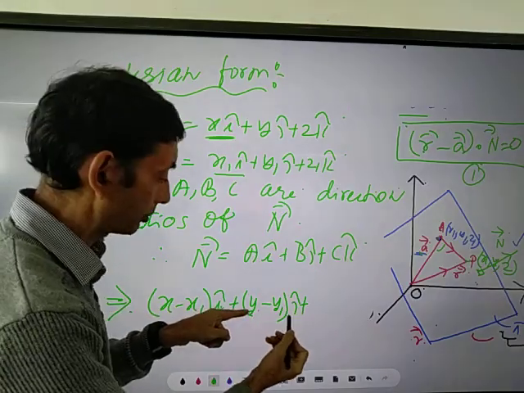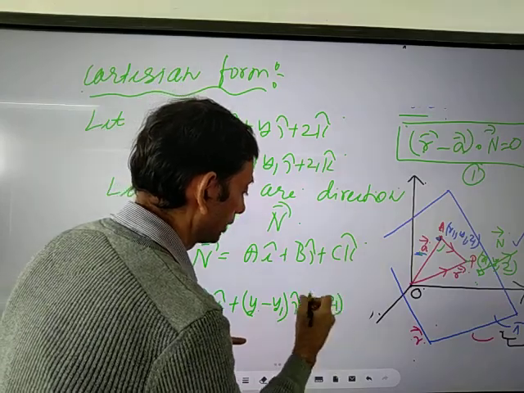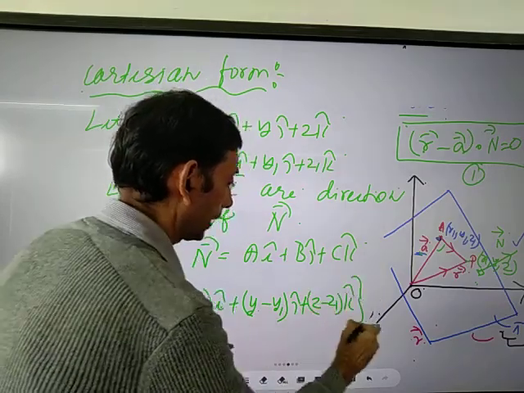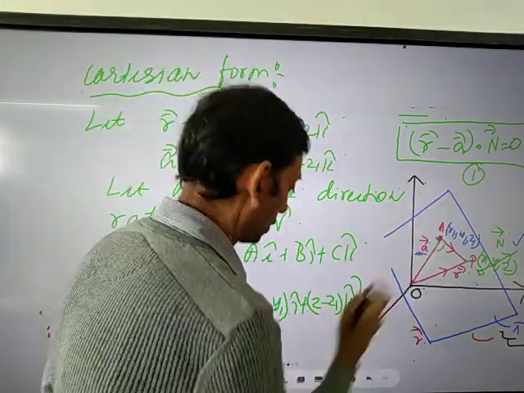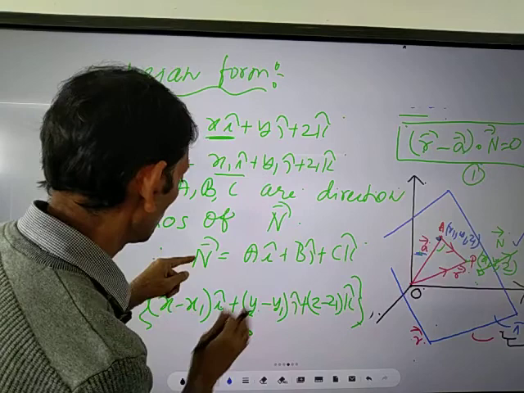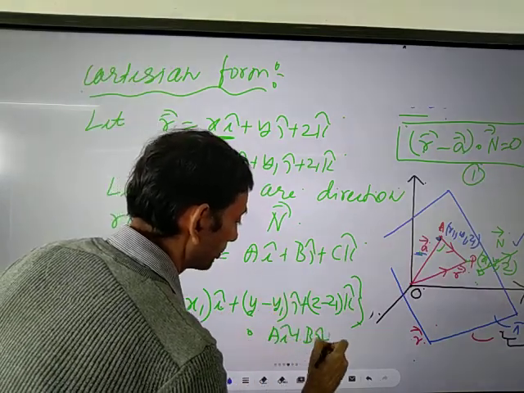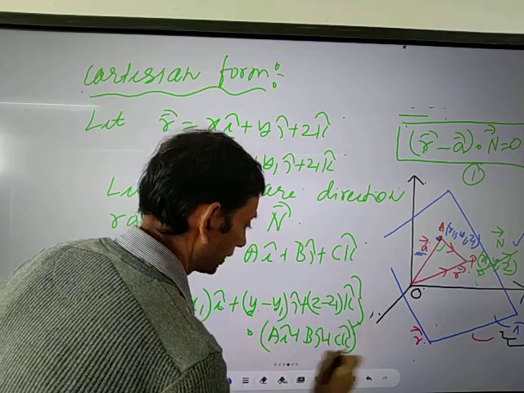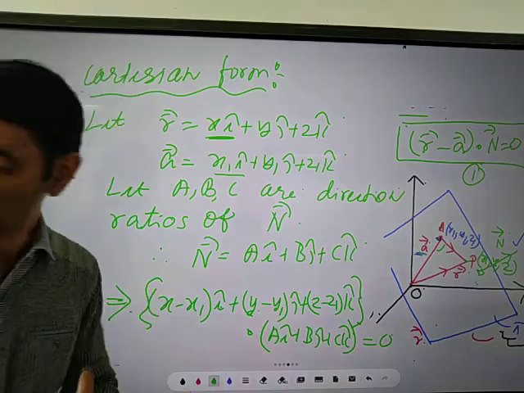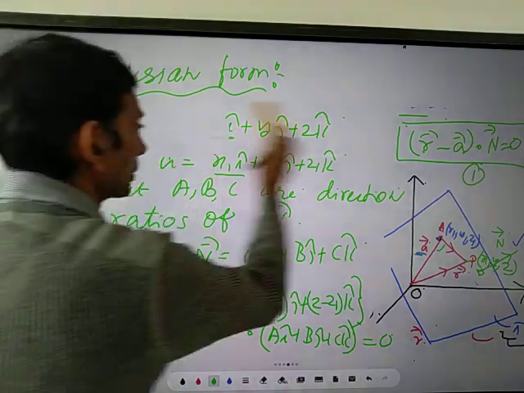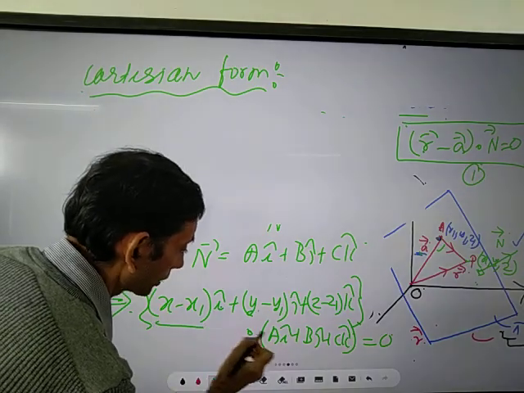Similarly, you'll get (y minus y1) j cap and (z minus z1) k cap. So R minus A gives us these expressions. Dot, we write these expressions, that is A i cap, B j cap, and C k cap, equal to 0. Now we are going to use a dot product between these two vectors. If you use a dot product, we get only i dot i.